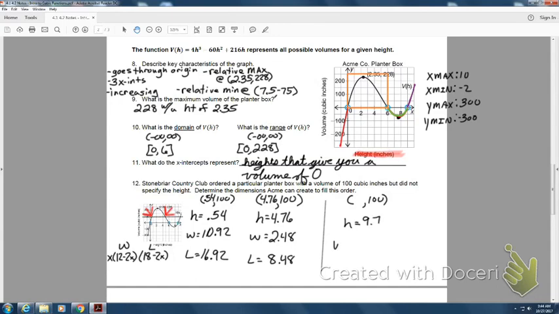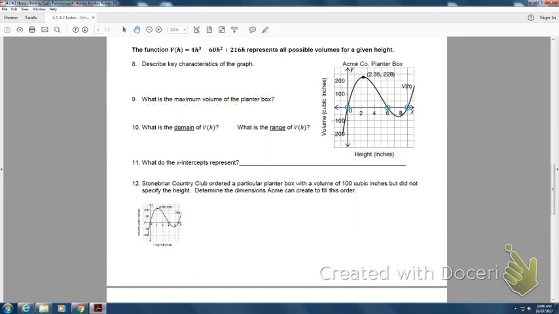So then if I took that and tried to find my width the way that we just did, I'd put 9.7 in there. That's going to tell me that the width is negative 7.4. Does that make sense? Can I have a negative width? No. Okay, so that is the reason why that would not make sense.